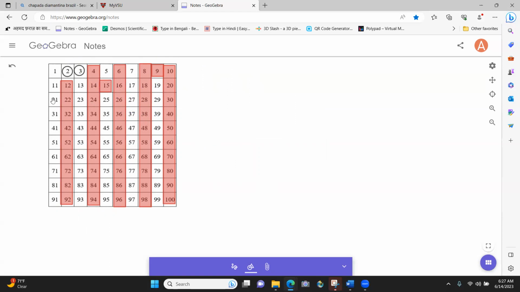Then 18 is crossed out. I'm going to cross out 21. 24 is the next one, but that has been crossed out. I'm going to cross out 27, 30 is crossed out.